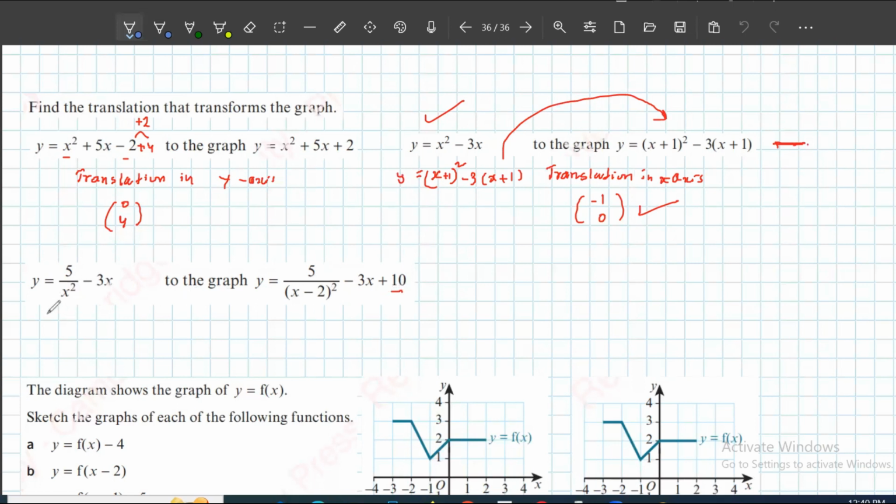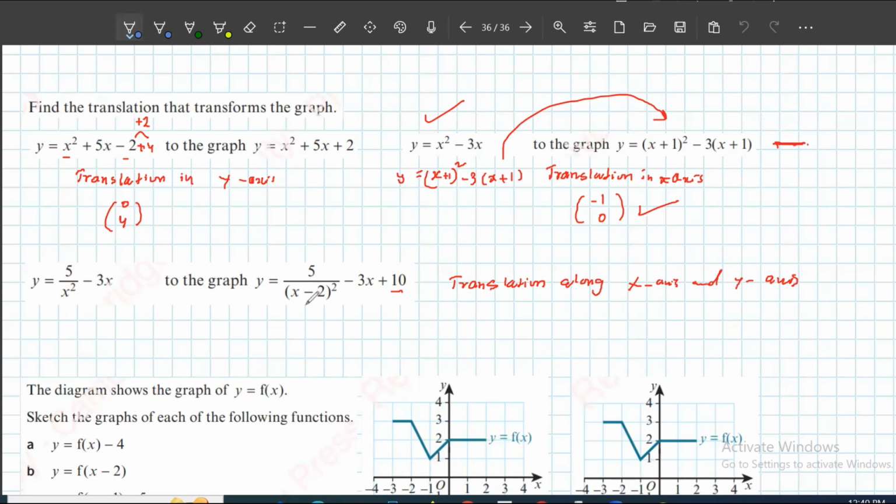So remember, this is a combination of translation along the x-axis and y-axis both.